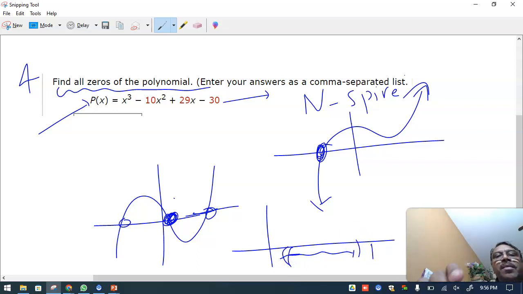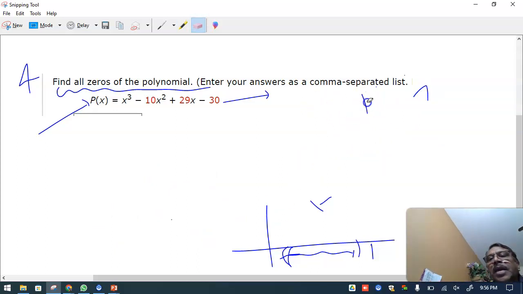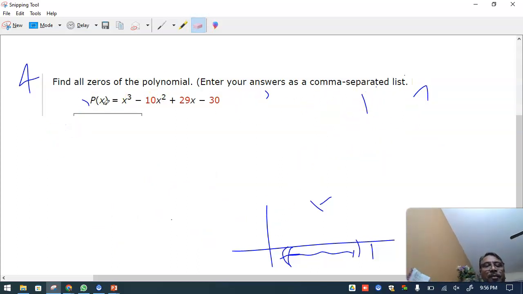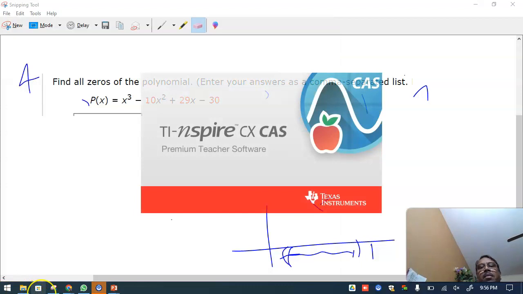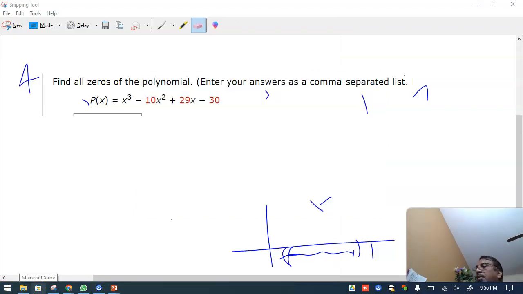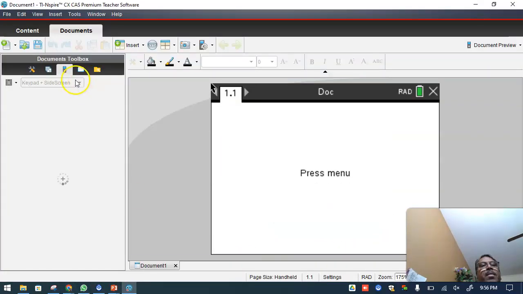So let's see what I'm talking about, let me plug this into the n-spire. You can put your calculator on, and then, okay, here it is.